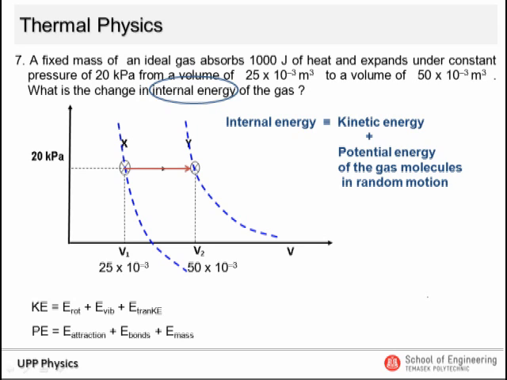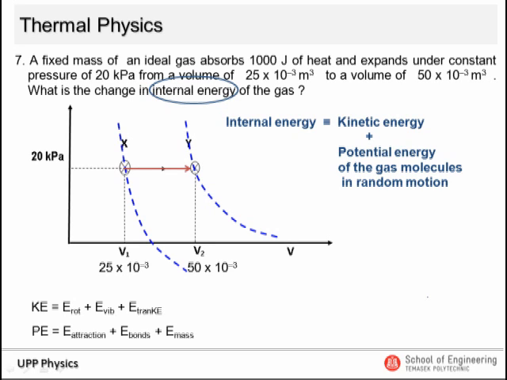gas molecules. Next, within the gas molecules, there are chemical bonds. Chemical bonds contribute chemical energy, and this chemical energy forms part of the potential energy of the gas molecules. Last of all, we talk about the energy due to the mass of the gas molecules.